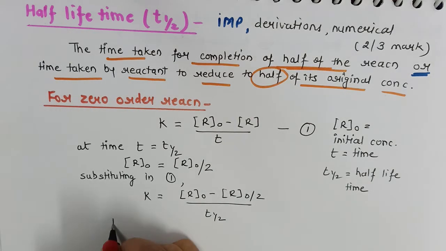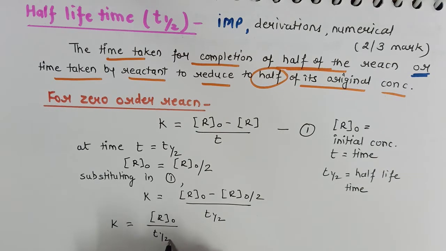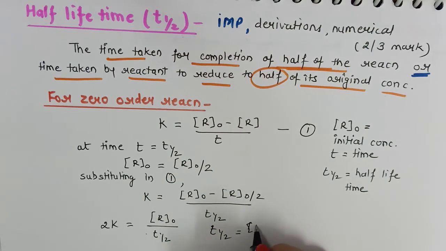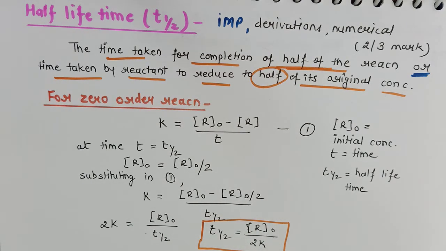Simplifying this, we get K equals R0 upon 2 T half. Rearranging this equation, T half equals R0 upon 2K.